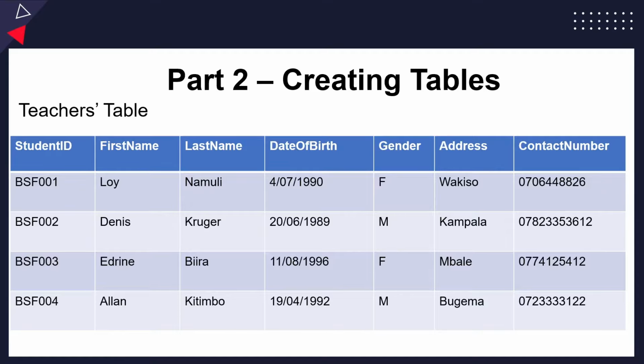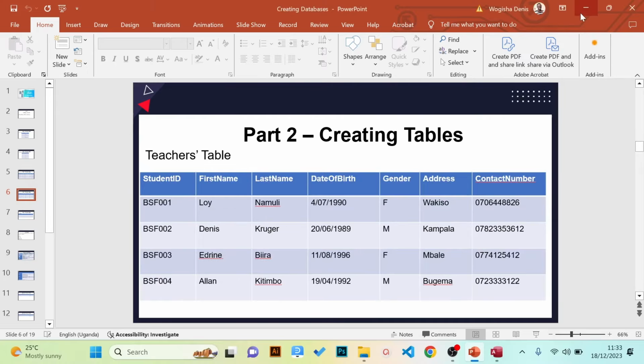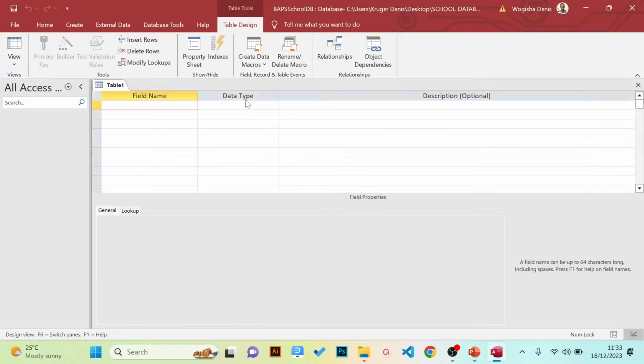So let's just continue a little more with the process here. So for our subjects table, we'll have the first field name as subject ID. Then we'll have the second field name as subject name for the school database.